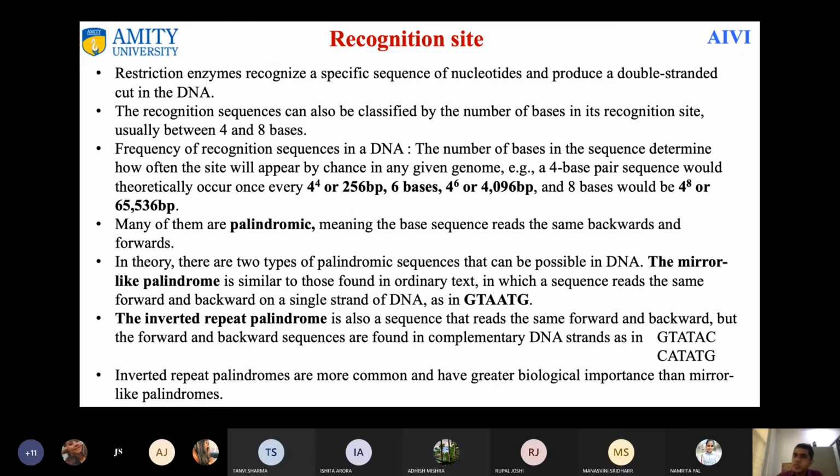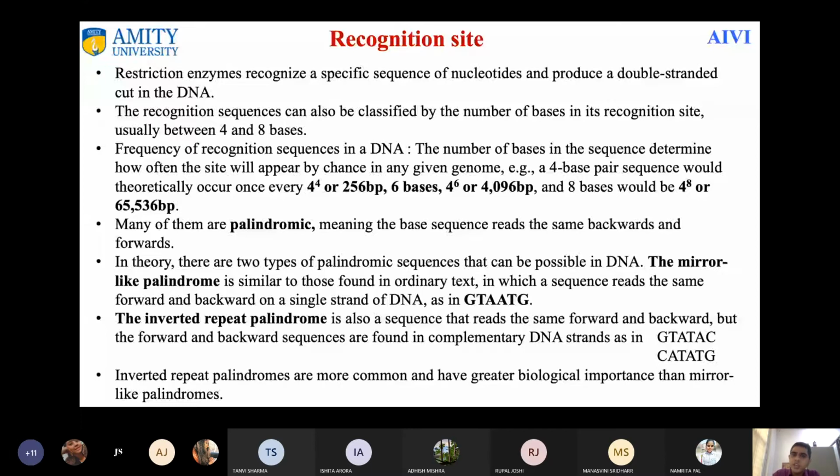So if your recognition site is 6 base pair long, the probability of finding one recognition sequence in 4096 base pair is going to be 1. If you have this much long DNA sequence, then the probability of finding any single combination is 1. Then if you have 8, the similar formula applies: 4 to the power 8 will be 65,536 base pair.